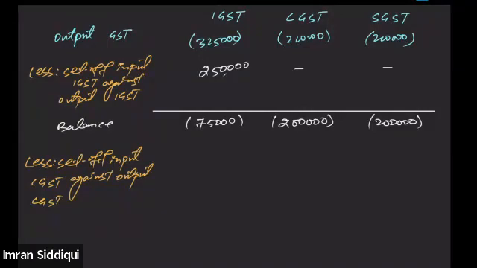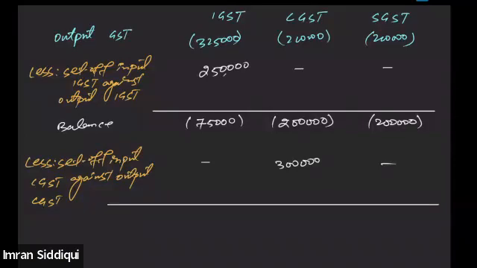Anyway, let me first of all write down the value. We need to set off 3 lakh out of the output CGST, but we won't be able to set off the entire amount. Even after setting off the 3 lakh out of 2 lakh, there will be a balancing figure of 1 lakh that will be left.